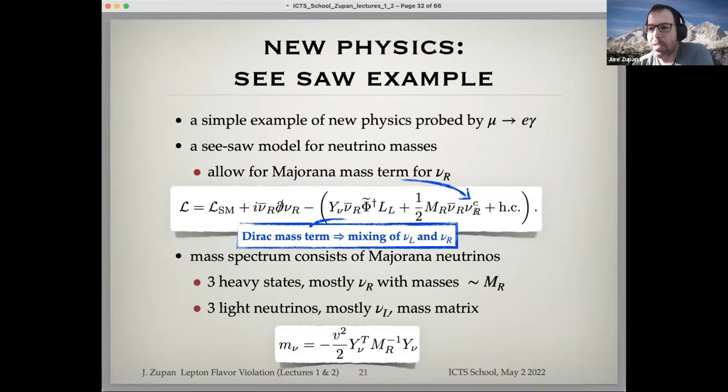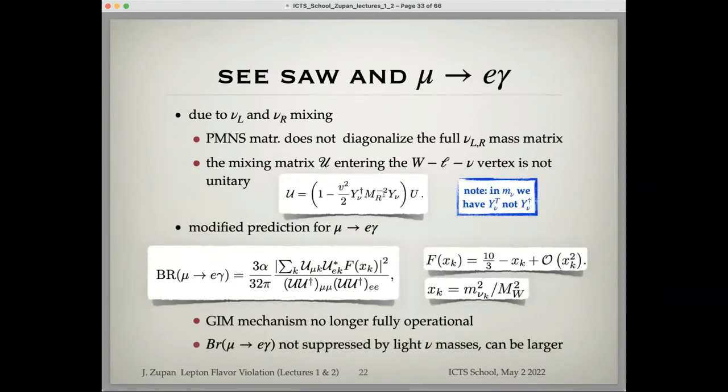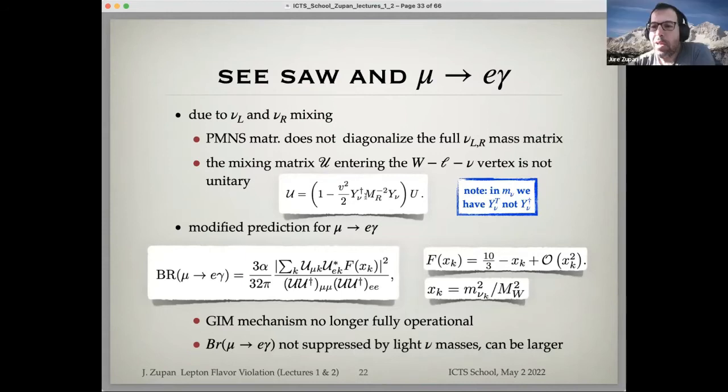The question is, does this always translate to the neutrino mass? And the answer is no. It sounds like there's a trick I put on you, but it has to do with the fact that you are looking at the observable.